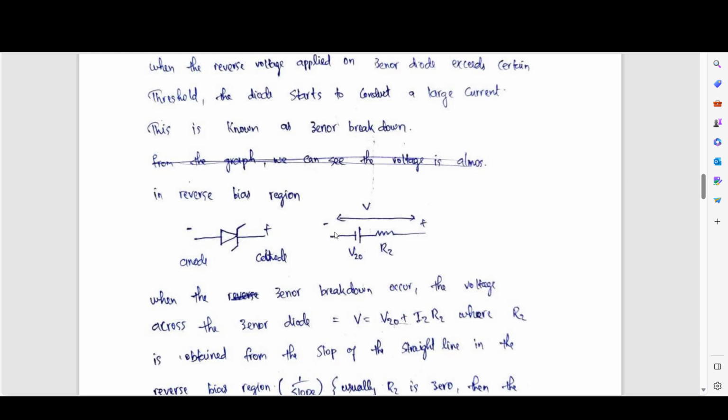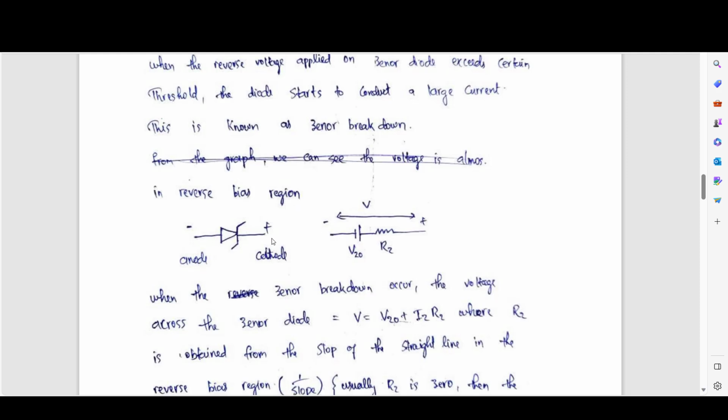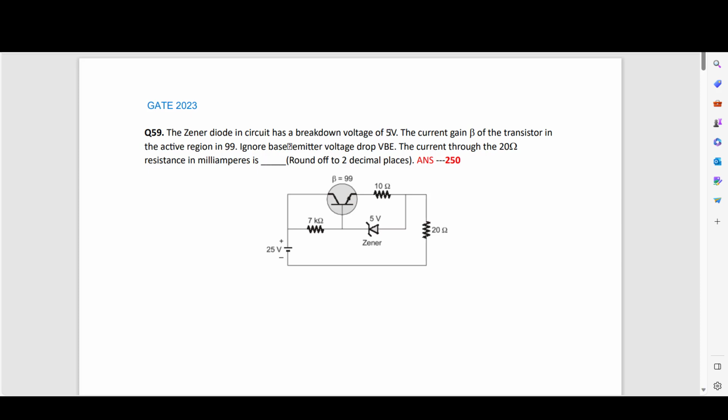You have to check the polarity also. We can do this whenever the reverse bias across this Zener diode exceeds some particular threshold. That threshold will be mentioned in the question, and here it is mentioned as 5 volt.